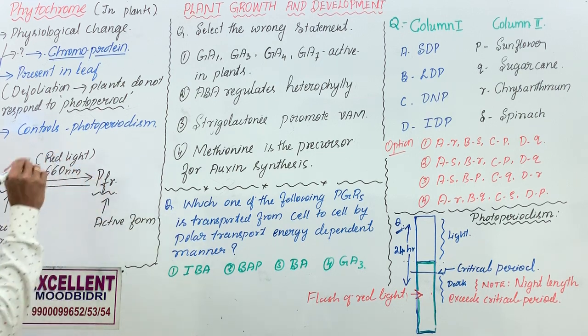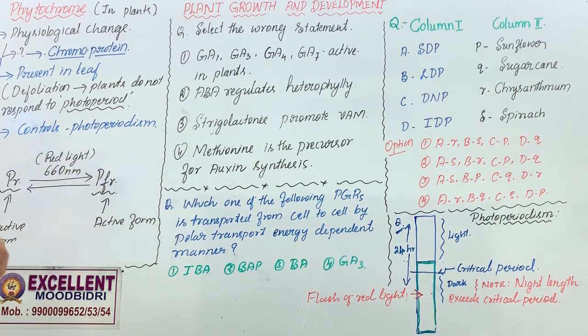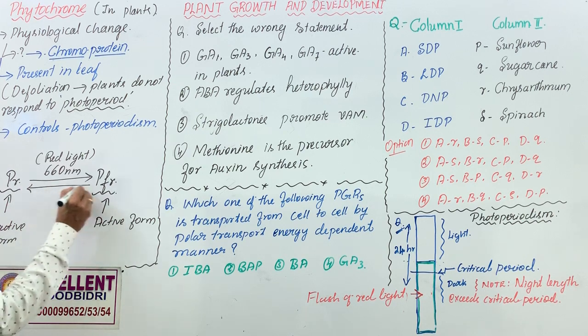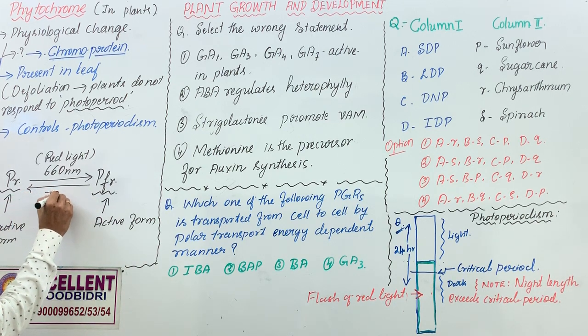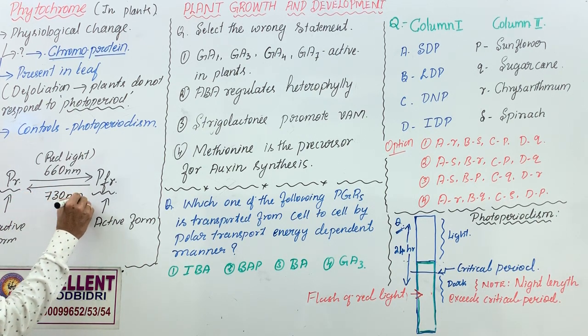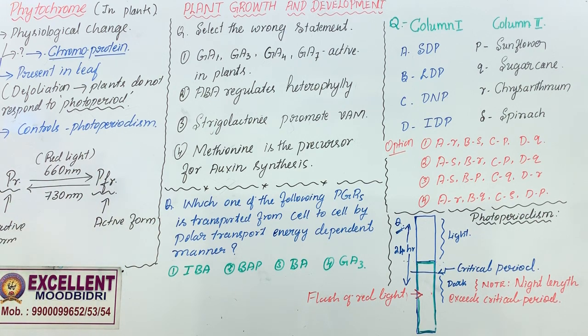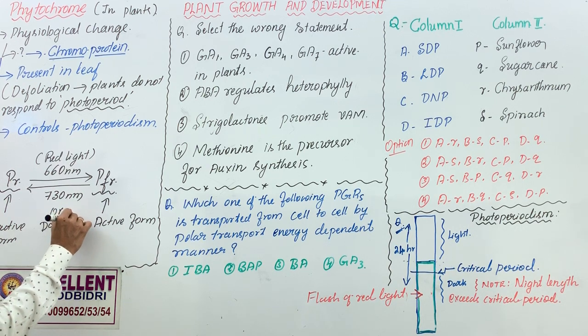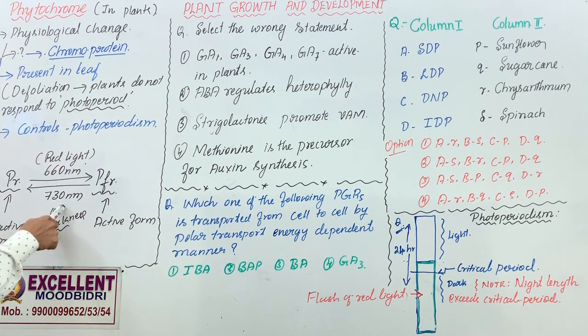The inactive form of the chromoprotein now becomes active form. In far red range or 730 nanometer, there is a reversible process. The active phytochrome becomes inactive phytochrome. Or it does happen in darkness. This is during daytime, right? This is during night time.